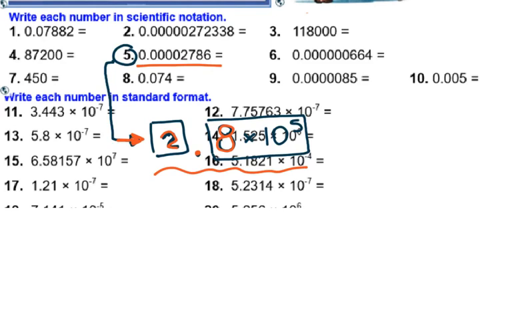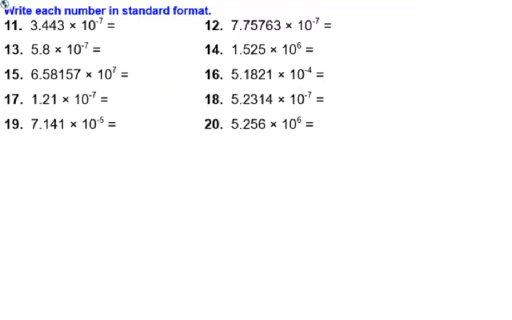This number must be smaller than the one that I wrote. Because of that, I have to write the negative sign. So that means if I place the decimal after 2, I have to go 1, 2, 3, 4, 5 positions back to get to the original position for my decimal. So that negative number will tell me that I have to go back.